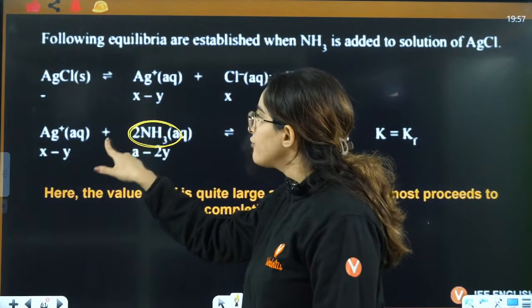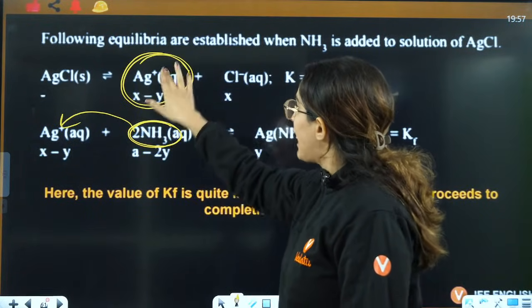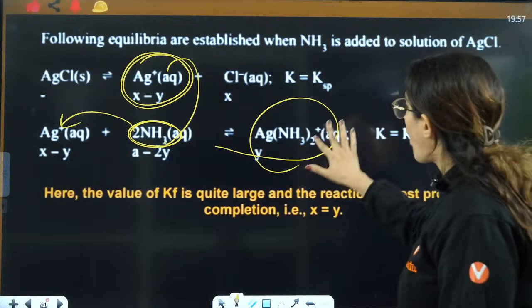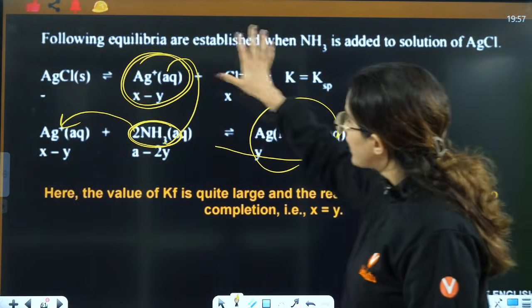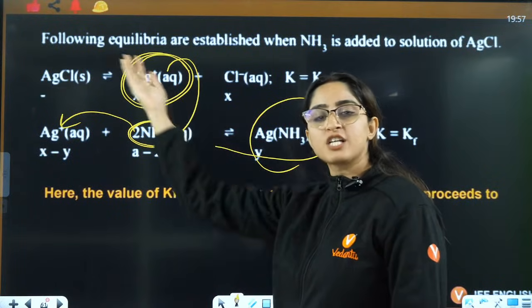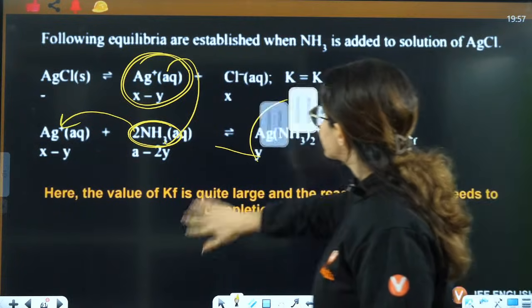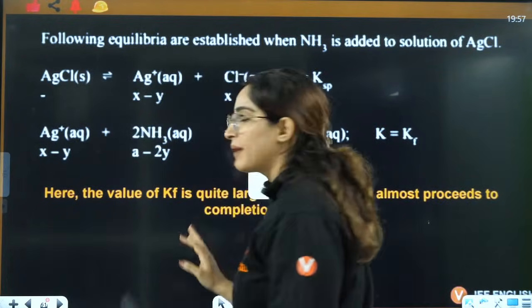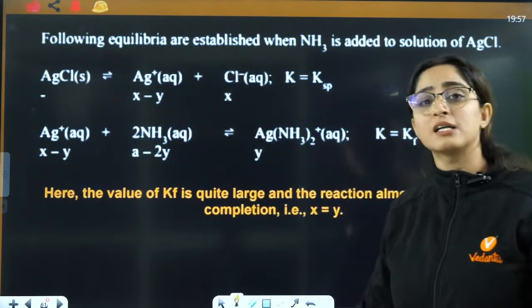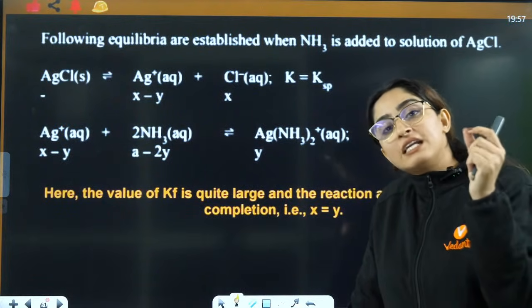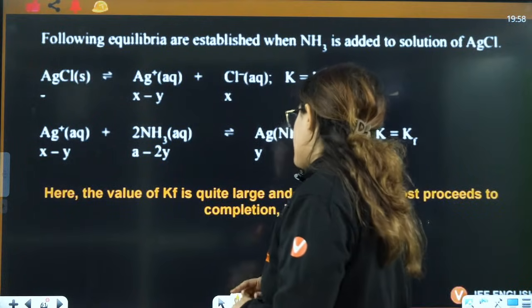It reacts with one of the cations here and they both form a very good complex. Because this complex is formed, Ag+ will decrease, and according to Le Chatelier it will move forward, so solubility will increase. So if a complex is formed by a Lewis base with the cation here, then definitely it is going to increase the solubility here. Right? Okay?